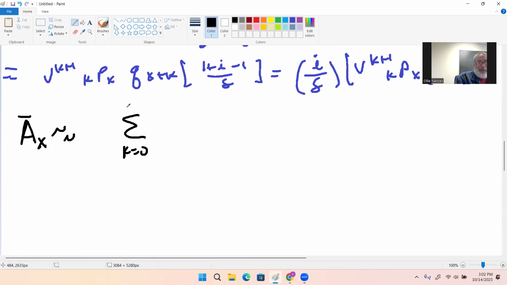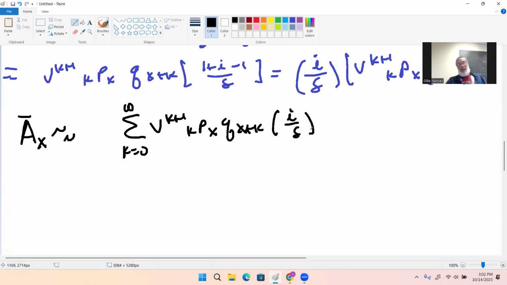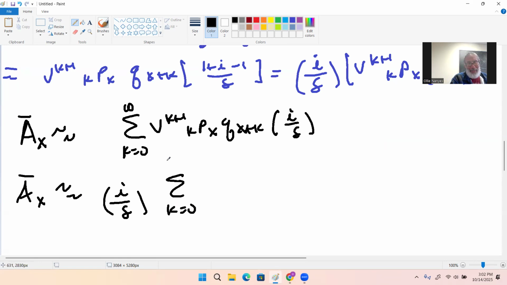from k equals 0 to infinity, v to the k plus 1, k p x, q x plus k, times i over delta for each term. But if we take this out, we're almost done. And now we have this. And what's this? This is the expected present value of a policy that pays at the end of year of death.